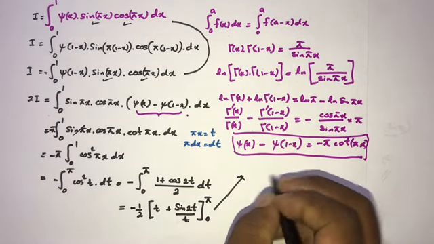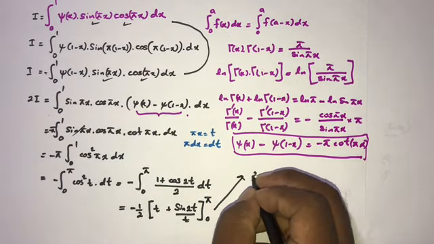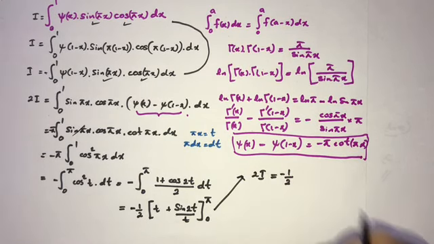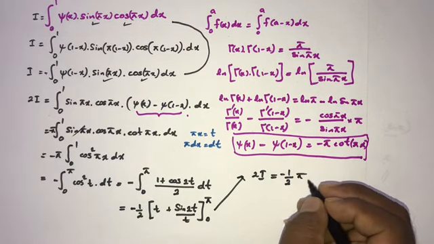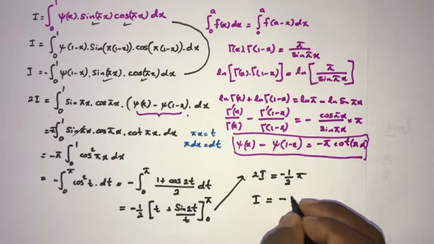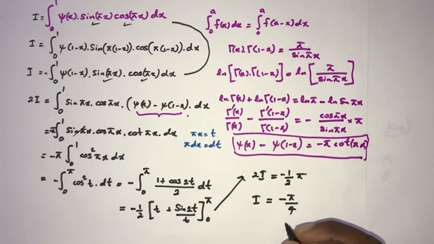Okay, now we can simplify here. 2 times I is equal to minus 1 half. If we plug in the upper limit pi, here 0, and if we plug in 0, here 0, so only pi. Okay, now we can isolate I. So I is equal to minus pi over 4.